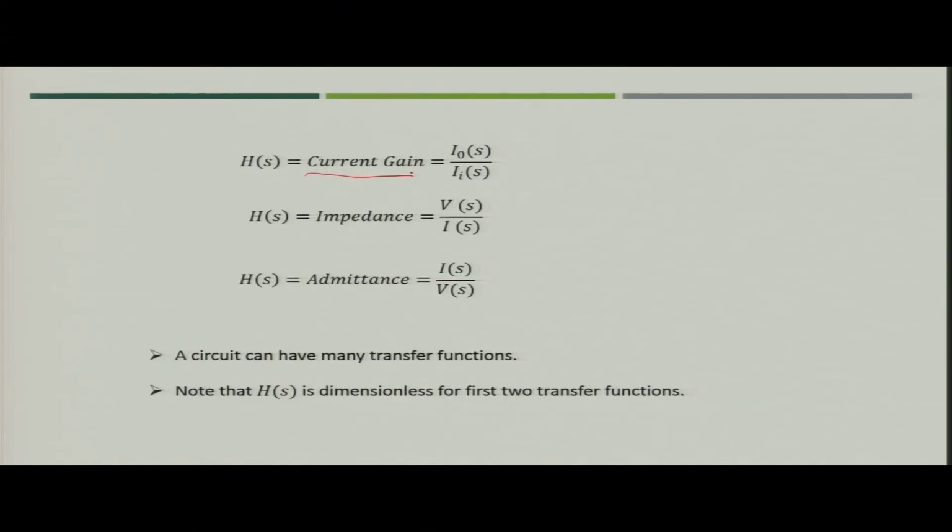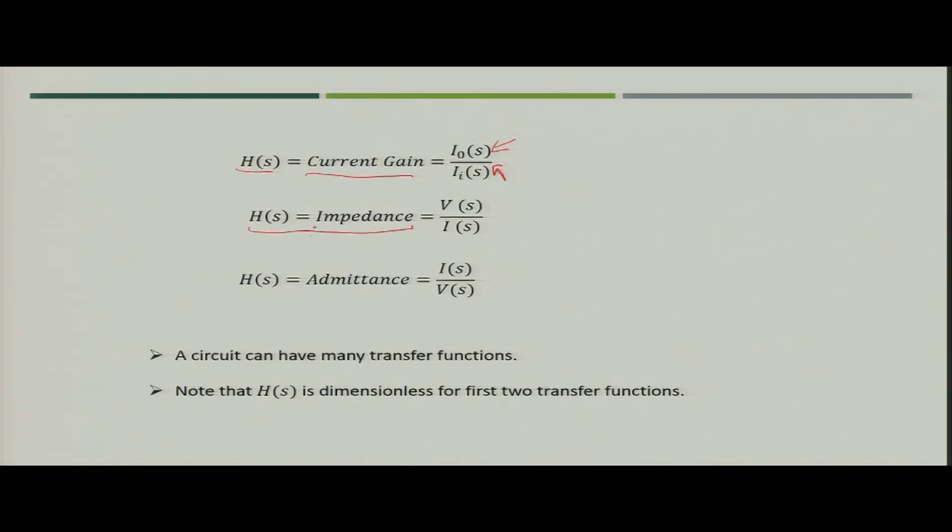Next is current gain, that is again the transfer function which correlates the output current with the input current. So, I0(s) is the output current of the circuit divided by Is, that is the input current for the circuit.